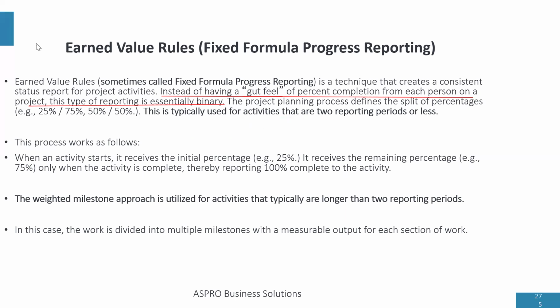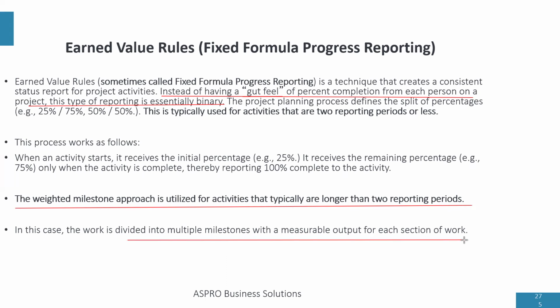Now, in this second option, you're going to divide your project into milestones, right? And you divide the activity into multiple milestones with a measurable output for each section of work. With end value rules, you fix what they report: when you start, 25%, and when you finish, 75%.